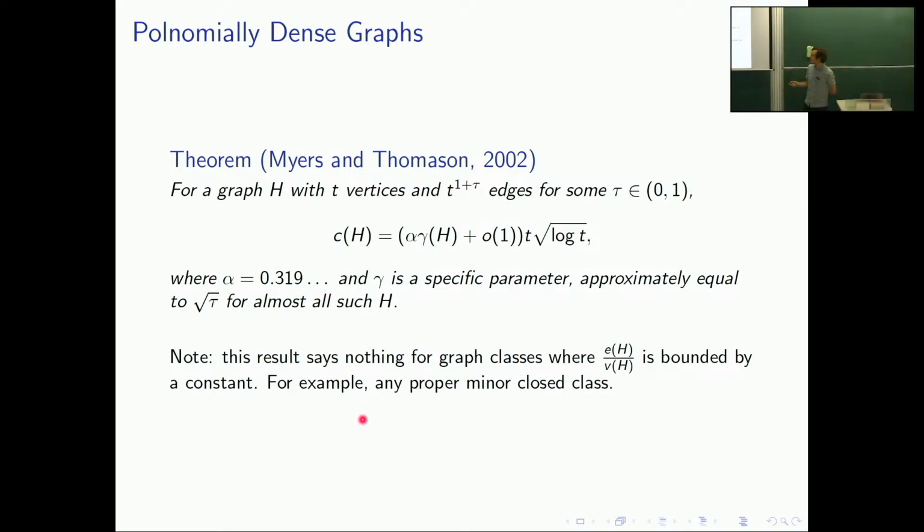And what's an example of a class of graphs where the density is bounded by a constant? Well, it follows from the previous slide that any proper minor closed class will have density bounded by a constant if you exclude any graph at all.